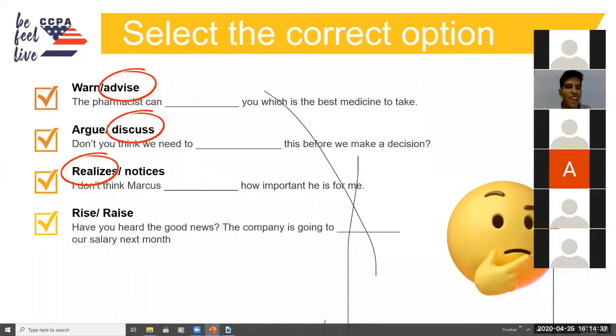So now we have rise versus raise. Have you heard the good news? The company is going to our salary next month. What do you think it is? Any volunteers? Let's see. I'm going to check the chat.